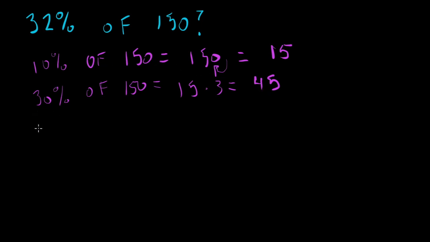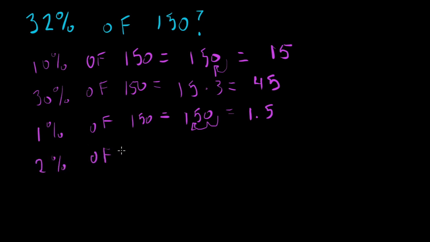All right, now we need to find 1% of 150. Okay, now we know that 150, move it twice to the left, so that is 1.5. And then 2% of 150 is going to be 1.5 times 2, right? So just take 2 of them, that's 3.